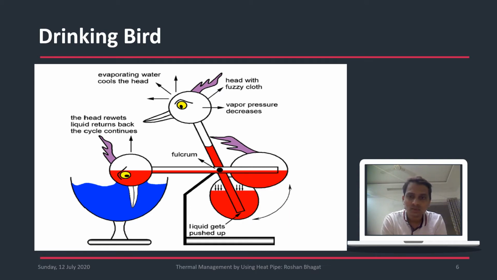That's why we observe the drinking bird start drinking water. So this is the basic principle behind the pulsating heat pipe. The phenomenon of the pulsating heat pipe comes from this drinking bird.